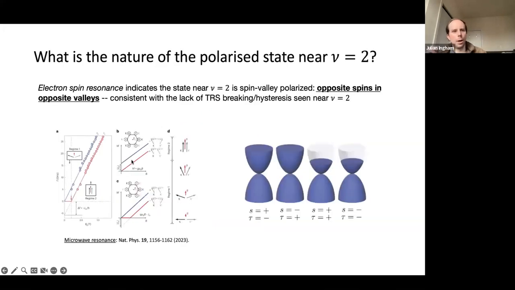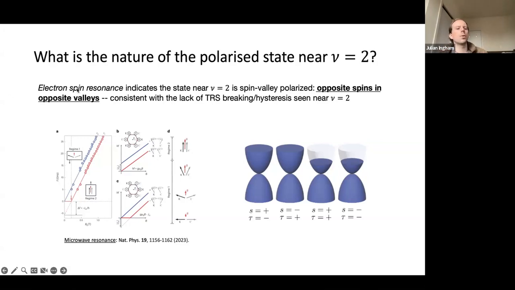Now we might also ask what happens near the most interesting filling, probably nu equals ±2. As I mentioned before, there were these recent microwave experiments that probed the collective modes of the polarized state in an applied magnetic field.